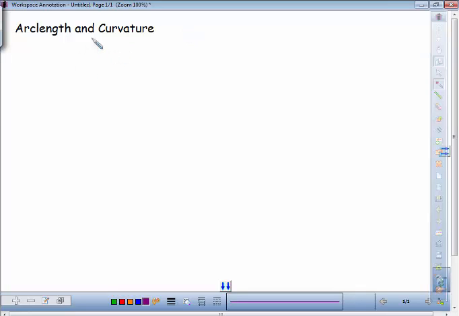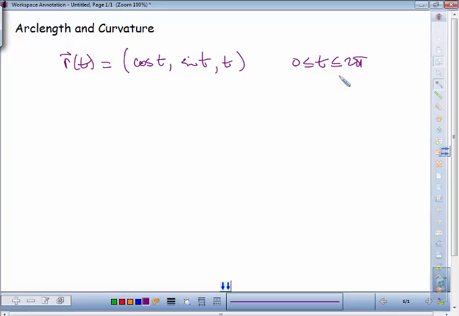So the helix: cosine t, sine t, and t, and we went from 0 to 2 pi, and then I think when we did it we got it to be equal to 2 pi. Was that correct? Yep.